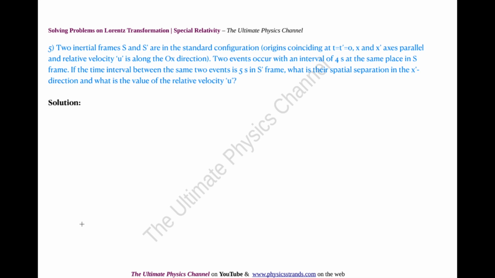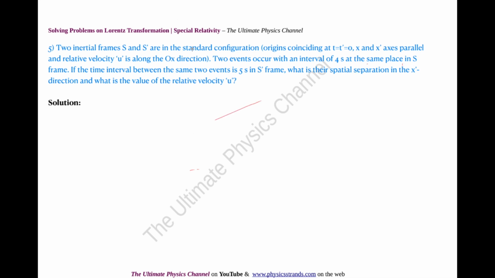So here, what is given is two events occurring in two different frames. The interval between the two events is 4 seconds in the S frame of reference, but they occur at the same place.